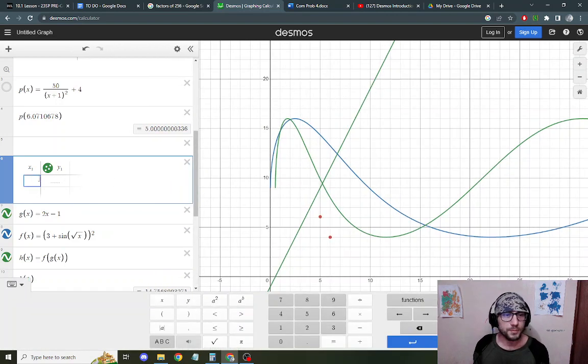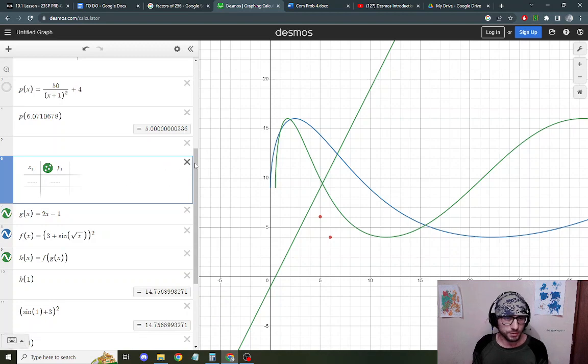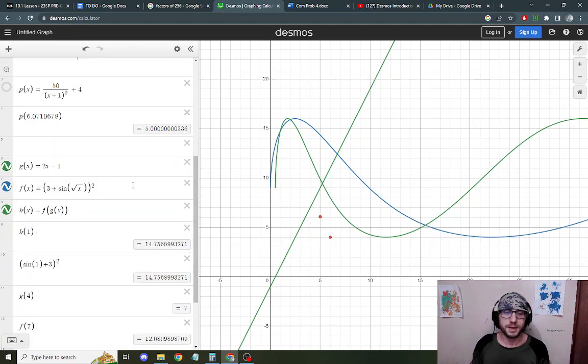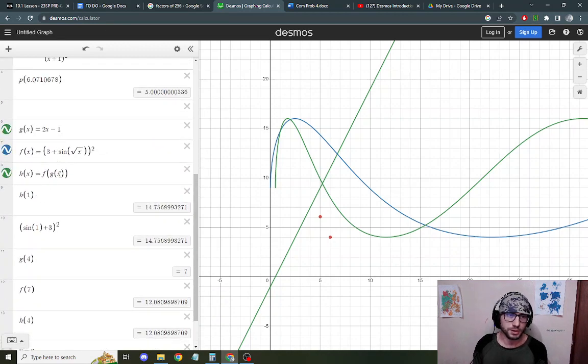But basically, you can make a table of these functions, put all three of them together, and look at a set of inputs, maybe 0 to 10 or 1 to 10, and look at all those inputs and outputs.